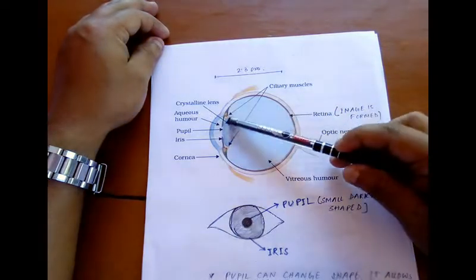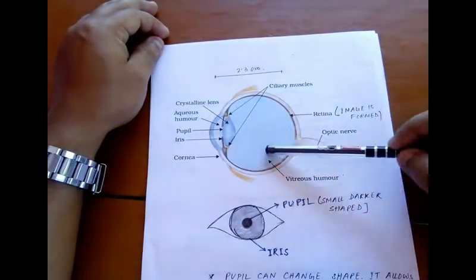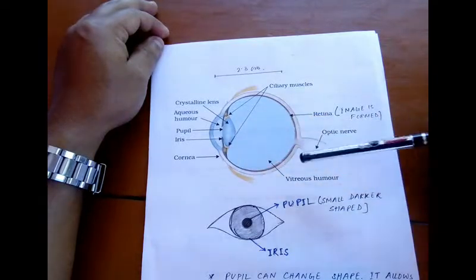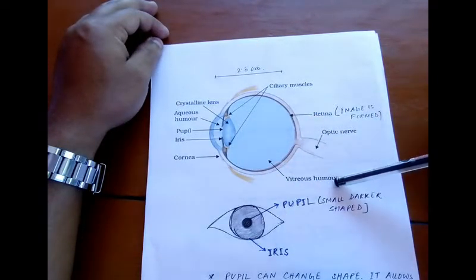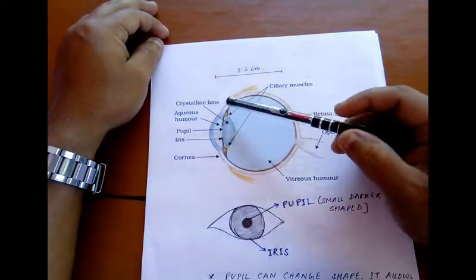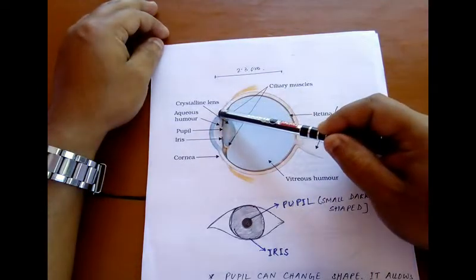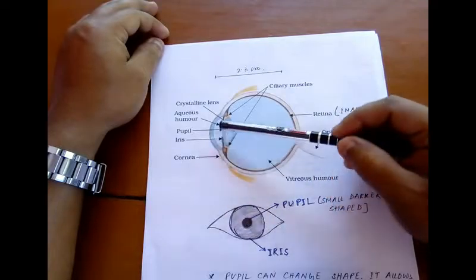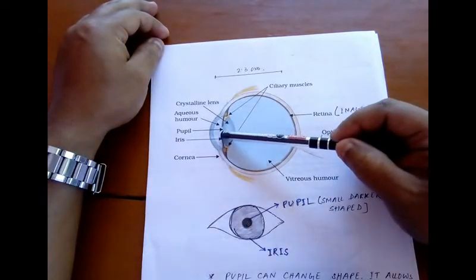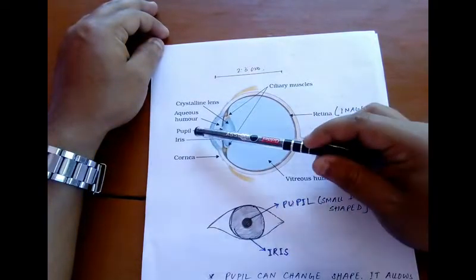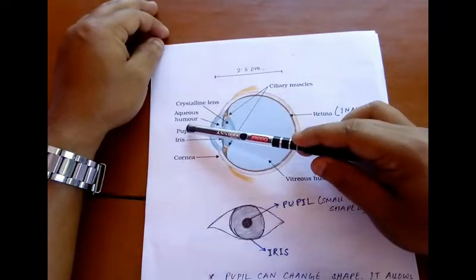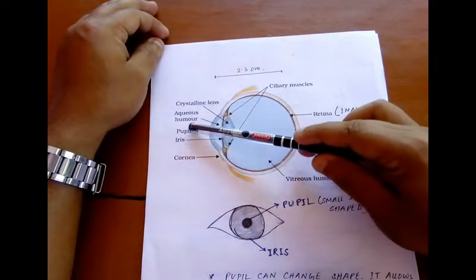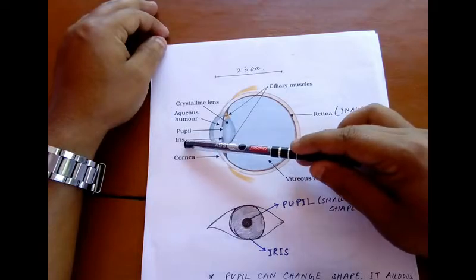To maintain the shape of the eyeball, there is a liquid part, and the liquid part is known as vitreous humor. You can also see the outer surface, which is known as the cornea, and just in front of the eye lens there are two other components called the pupil and iris, and I'll explain what the pupil and iris are for.